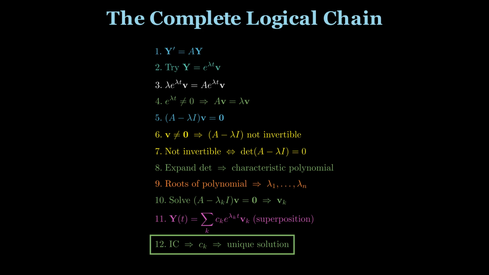Non-zero solutions exist only when the determinant is 0. That gives the characteristic polynomial. Its roots are the eigenvalues. Back substituting gives the eigenvectors. Superposition builds the general solution. Initial conditions fix the constants. Every single step follows logically. Nothing is arbitrary.